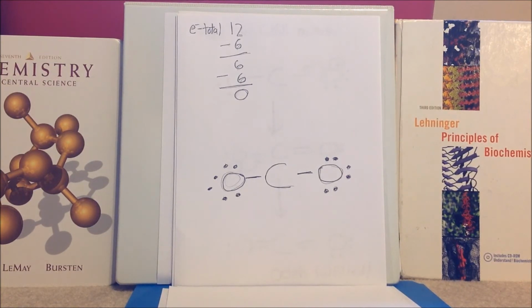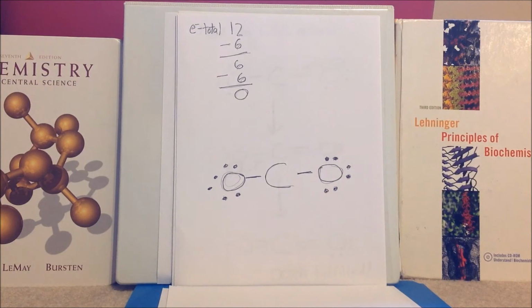Since they're basically the same atom, I will put the oxygens at pretty much equal number around each oxygen atom. So I will put 6 around this oxygen, and I'll put an additional 6 around this oxygen. So I'll take away 6 from 12, that'll give me 6. 6 more gives me 0. I have no electrons left.